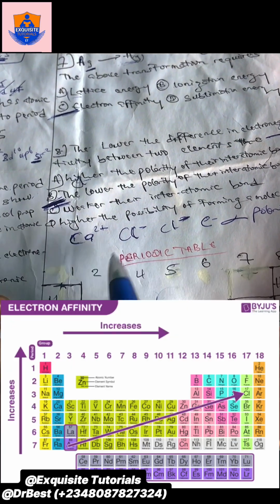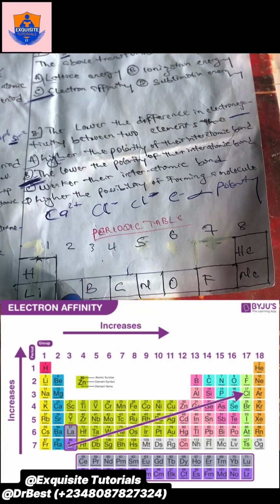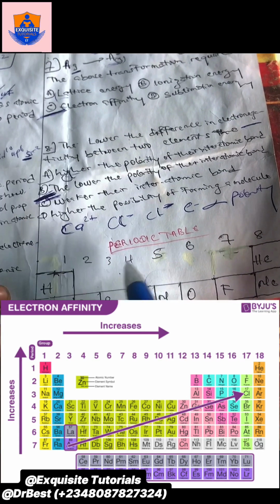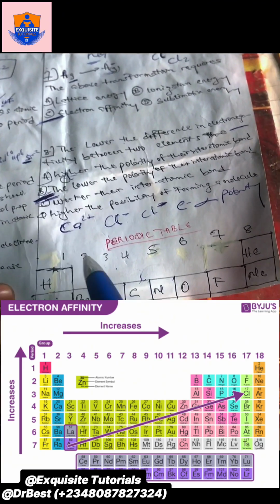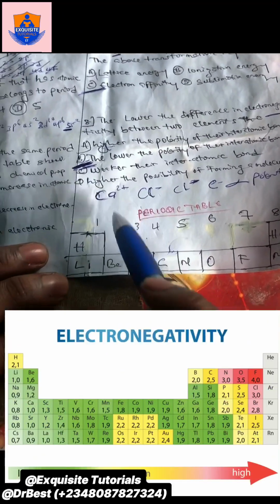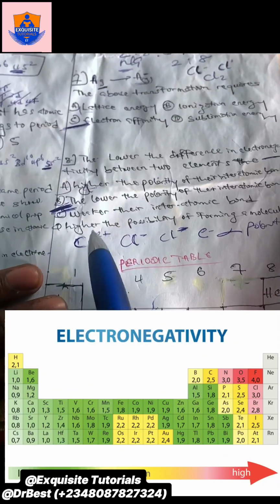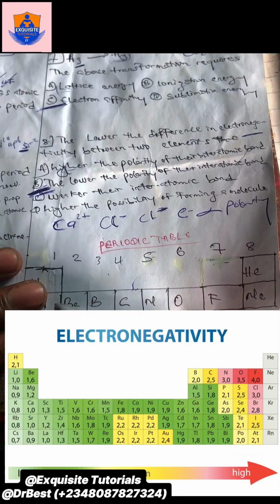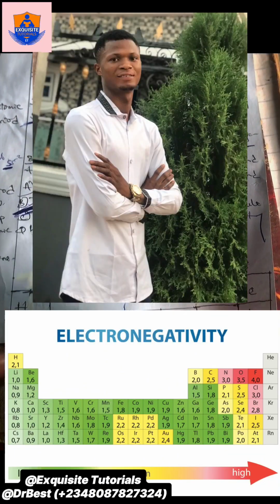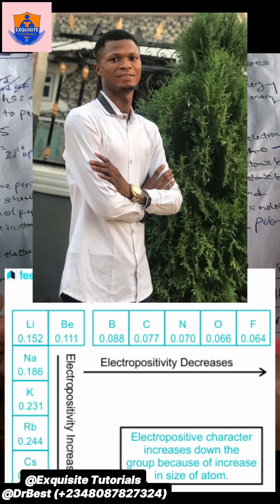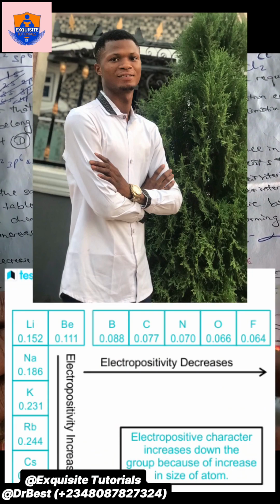And also, what else do you need in the periodic table? Electronic configuration. Having an understanding of this is a way of helping you to do well in chemistry. Chemistry is actually a product of the periodic table. For you to do well in chemistry, you should understand your elements, because chemistry is more of the study of elements.